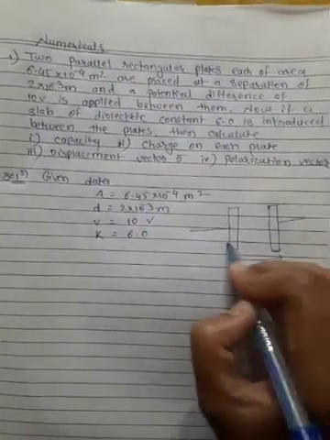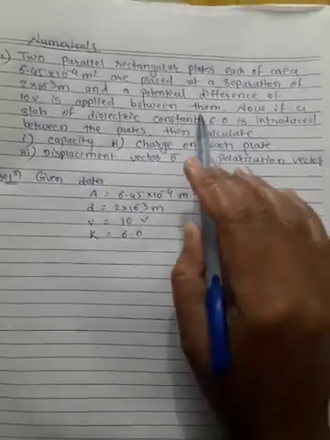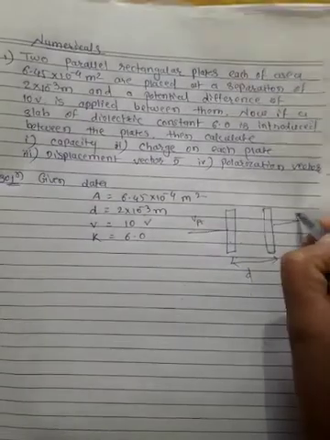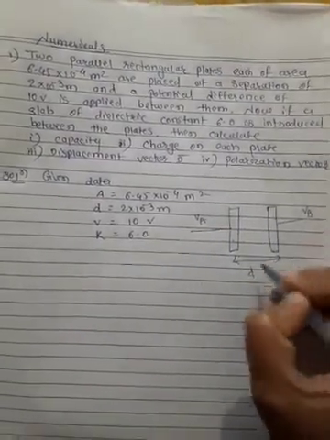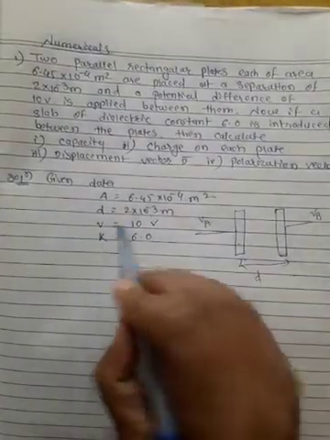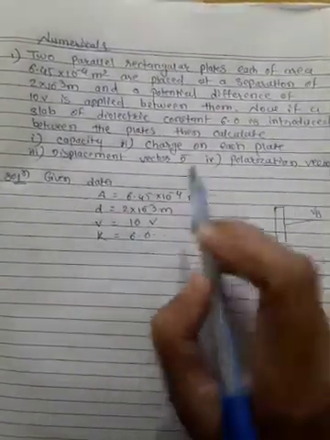The potential difference of 10 volt, between VA and VB, is applied between these two plates.